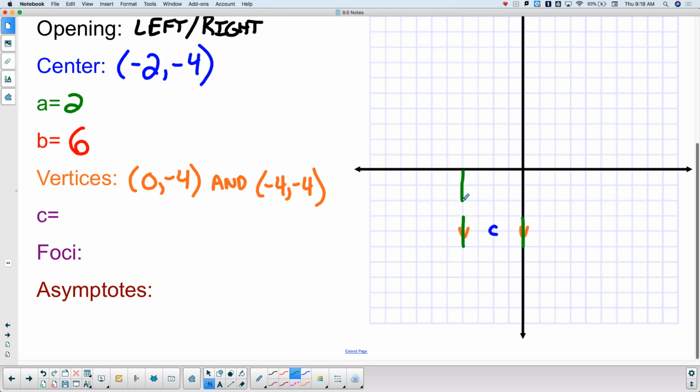So that's 1, 2, 3, 4, 5, 6. One, 2, 3, 4, 5, and 6 all the way down.